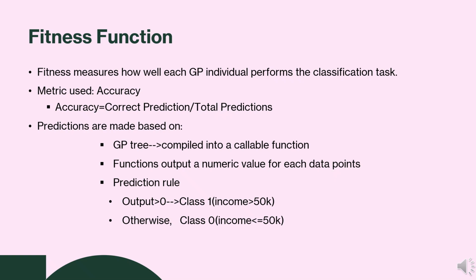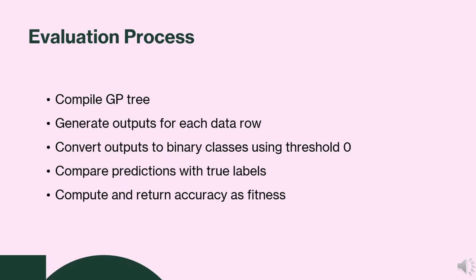Over several generations, the GP model improves by selecting individuals with the highest accuracy. Overall, the fitness function plays a key role in guiding the evolution and helps us build a model that classifies income level more accurately.